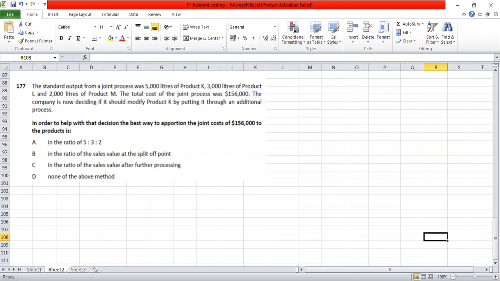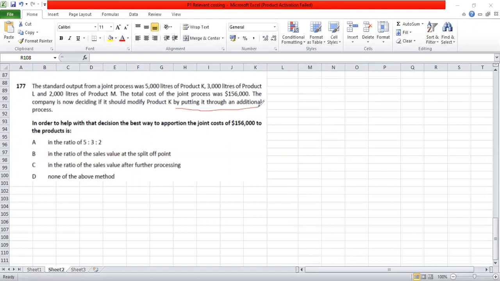In order to help with the decision, what is the decision? The decision is putting it through an additional process.